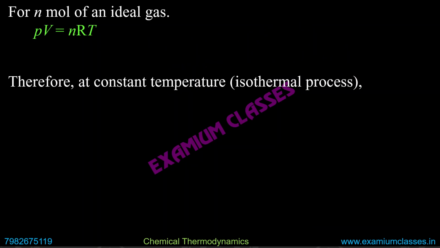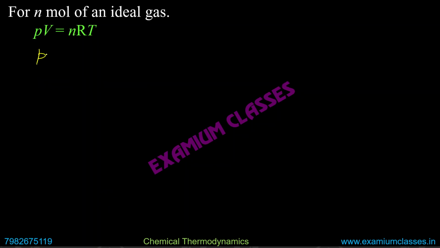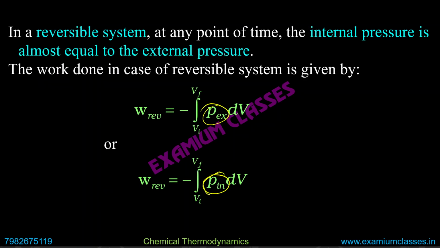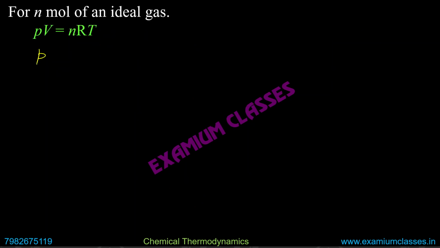Therefore, we can get the value of pressure. In the previous question, we had pressure but dV, so obviously we can't do calculations if one is pressure and the other is volume. We have to convert pressure in terms of volume by this equation.